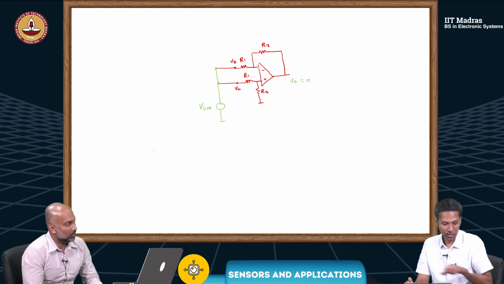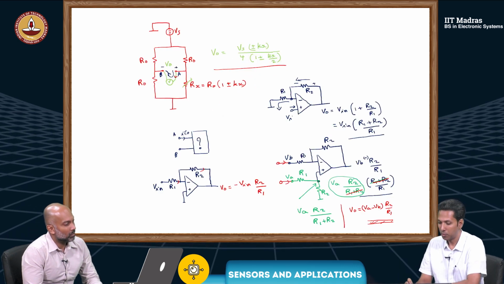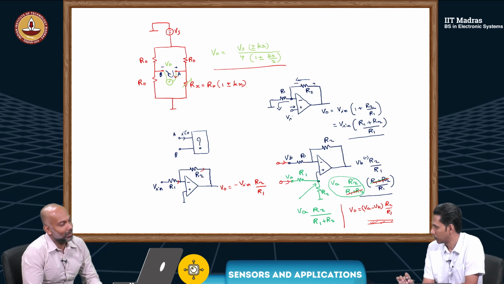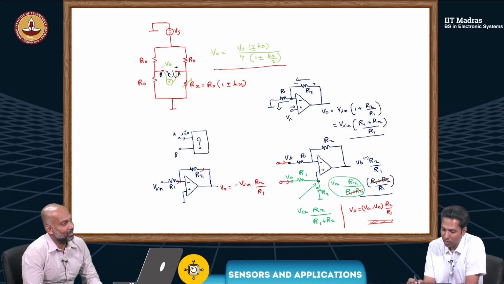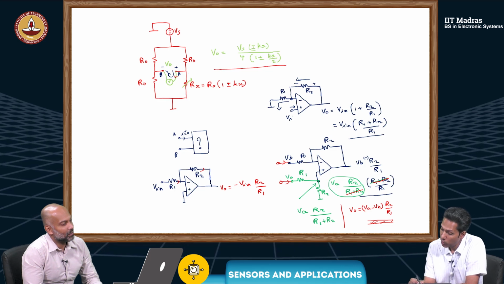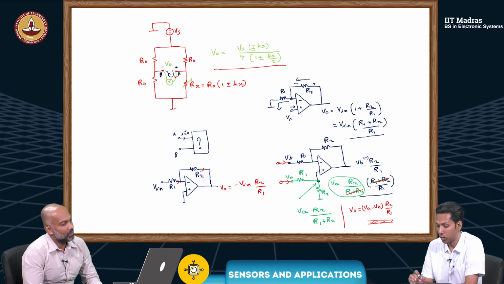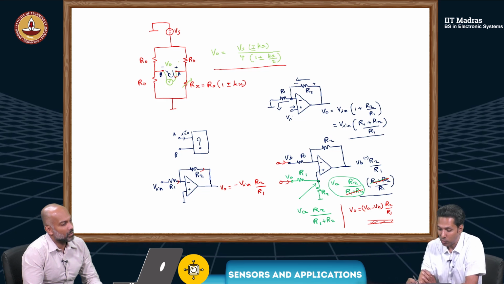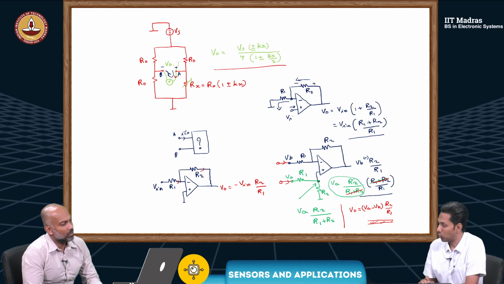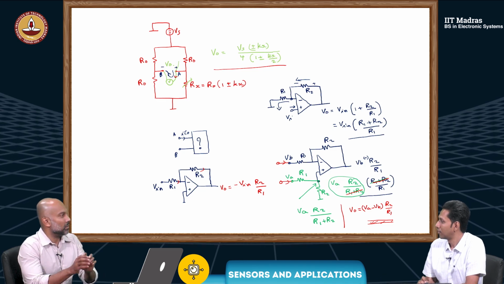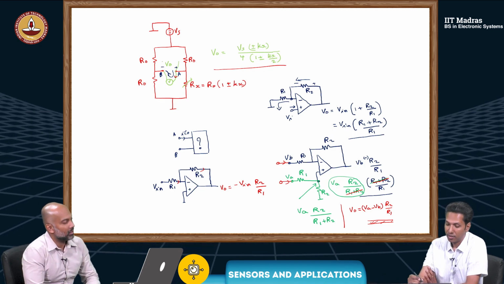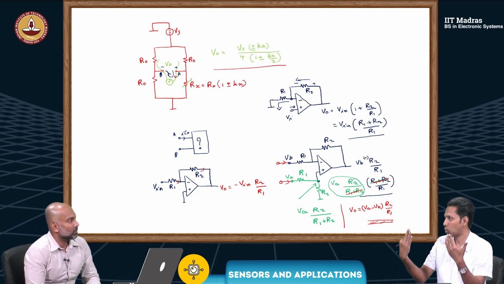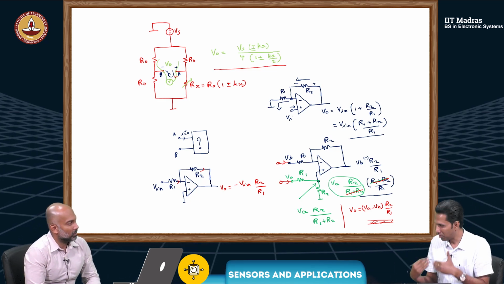Why I brought this in is, if you look at the bridge, let's say Kx is 0. When Kx is 0, the difference in voltage, or V0, is 0. But this terminal has got Vs by 2 volts, if you measure separately. This terminal also has got Vs by 2. So there is some voltage which is already there and you want to measure that difference alone.